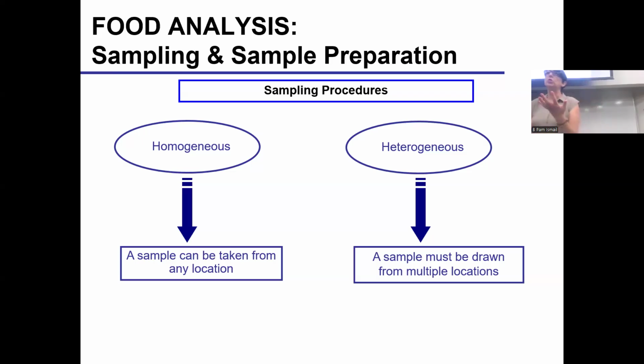The best way you would do that is you grind it while frozen, so that it doesn't get sticky. So cryogrind, and we'll talk about that in a little bit. And then it will be homogeneous, and then you can sample from that for your analysis.